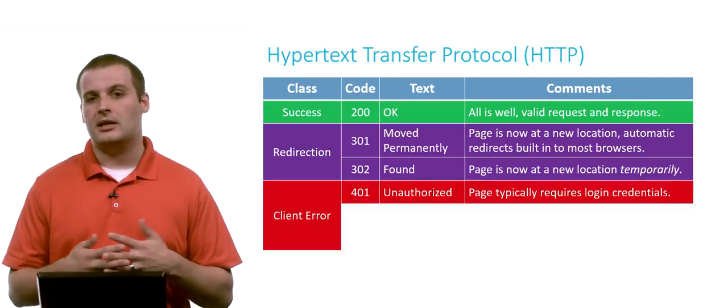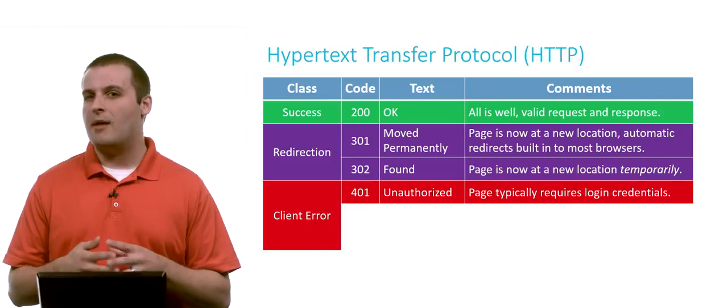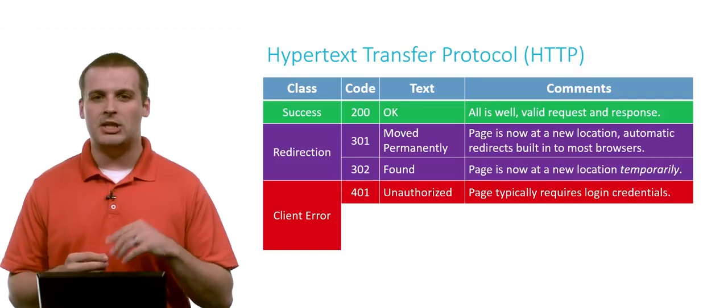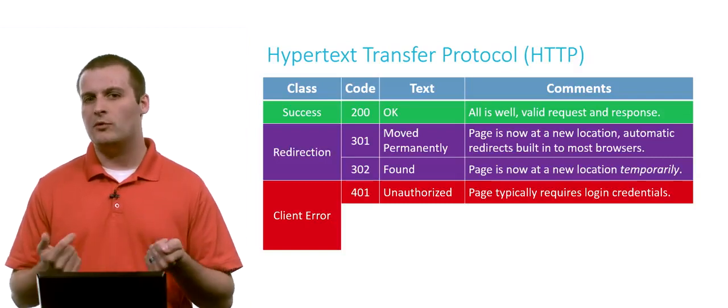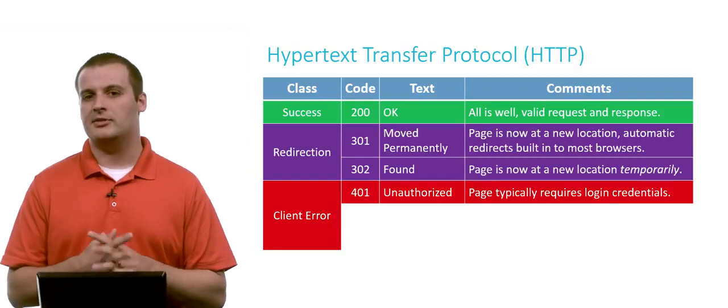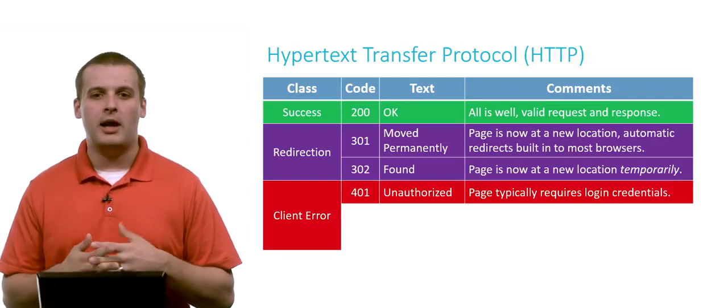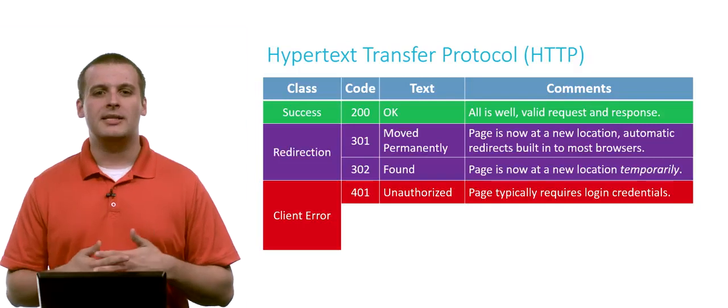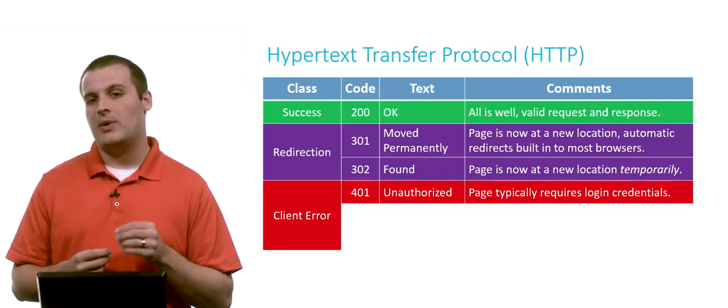Then you'll get things like client errors. So these are ones you've probably seen now. You probably haven't seen the 200s or the 300s, but you're probably familiar with the 400s, as we'll talk about in a second, 500s as well. You might see 401 unauthorized. Usually this means you're trying to access a page, but you haven't logged in.